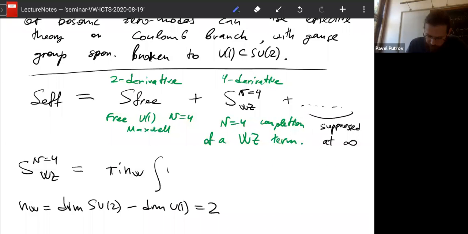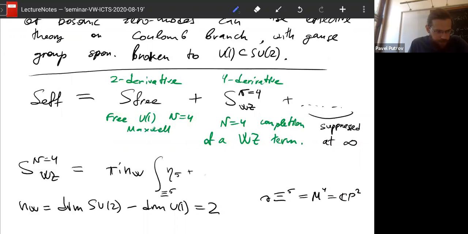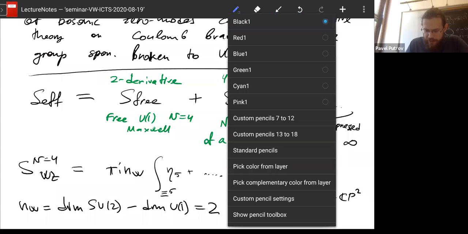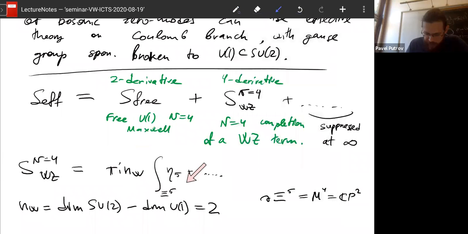Since it's a Wess-Zumino type term, this will be expressed as the integral of a form over a 5-dimensional space, which has as its boundary our M4, in our case CP2. Plus dot dot dot, and this term is explicitly known.